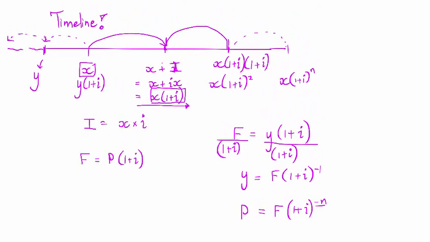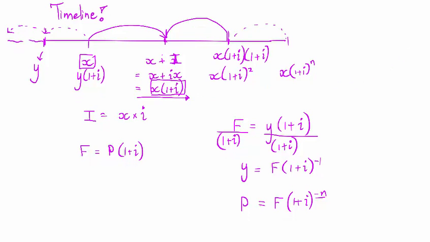The point being that the timeline is very helpful, and if there are multiple changes during the year, each time a change occurs, just get a new value at that point.